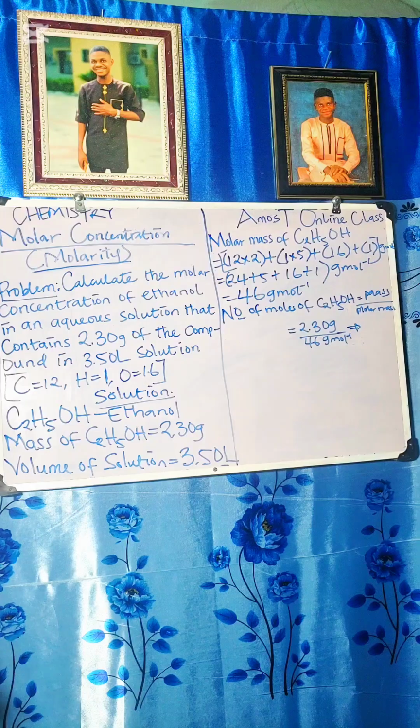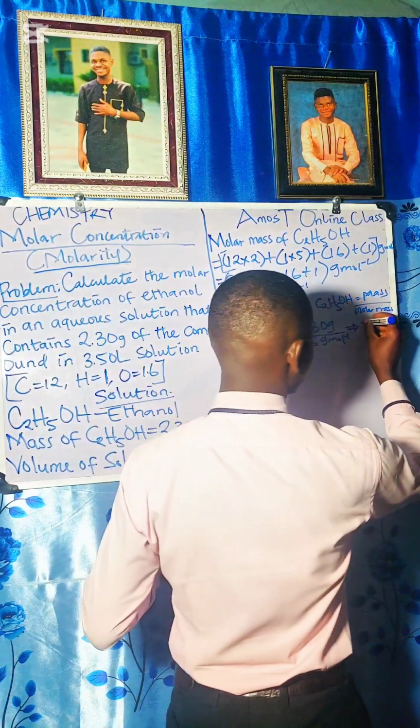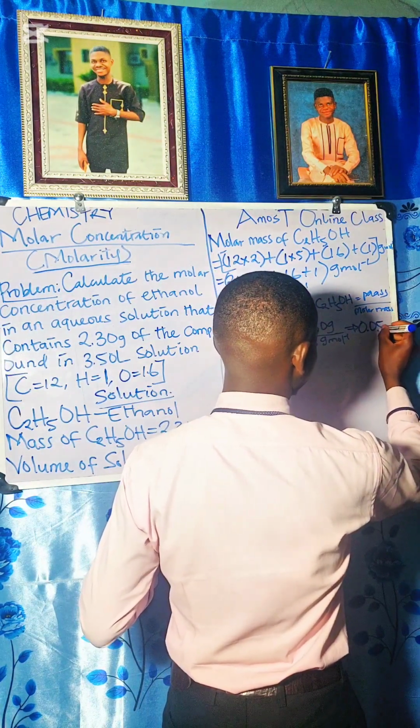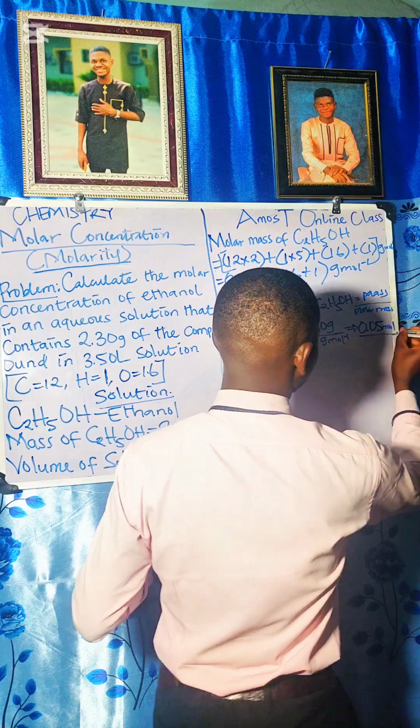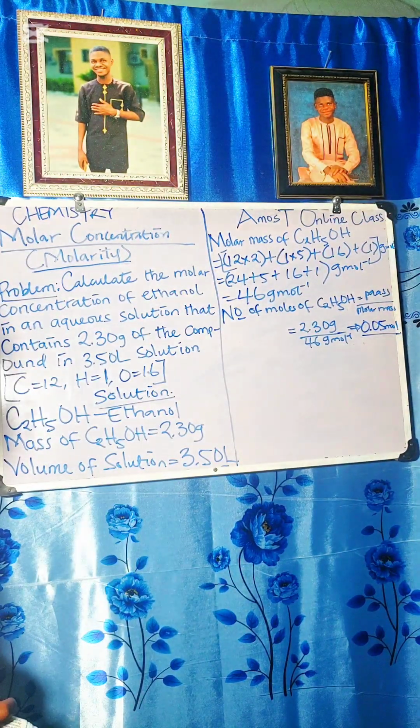So 2.30 gram divided by 46 gram per mole, we're going to have 0.05 mole. So that is the number of mole of ethanol, 0.05 mole.